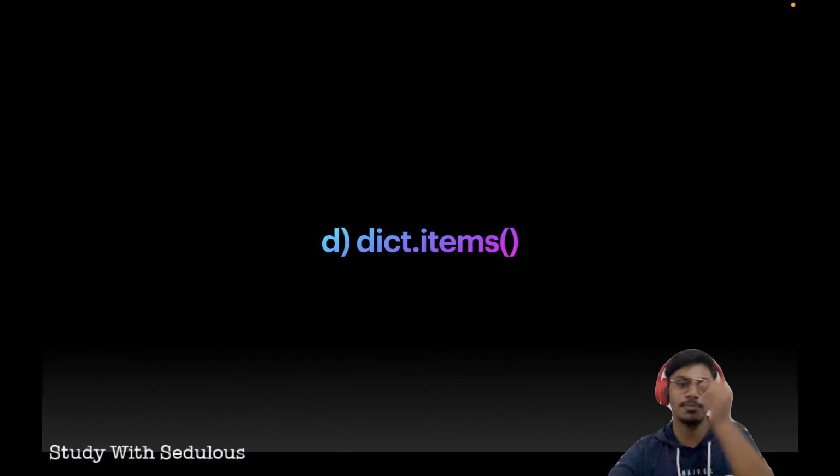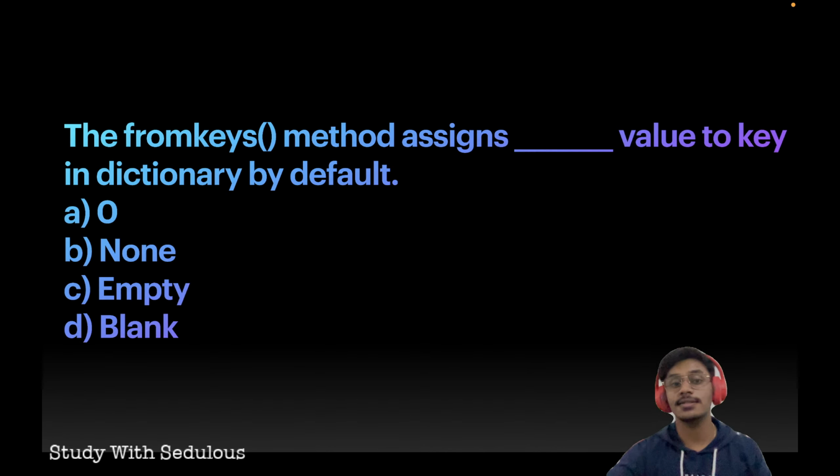The answer should be dict.items. Next, the fromkeys method assigns dash to keys in the dictionary by default. The fromkeys method actually assigns None value to the key by default. There is nothing in that. None. Not zero, not empty, not blank, None.